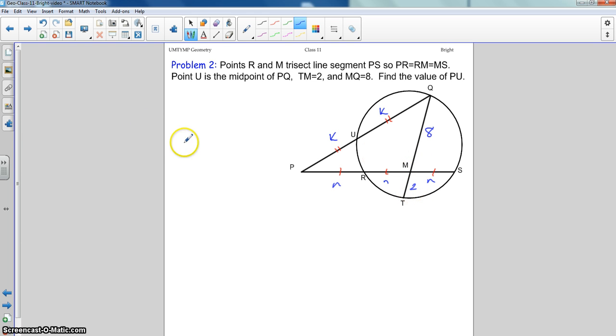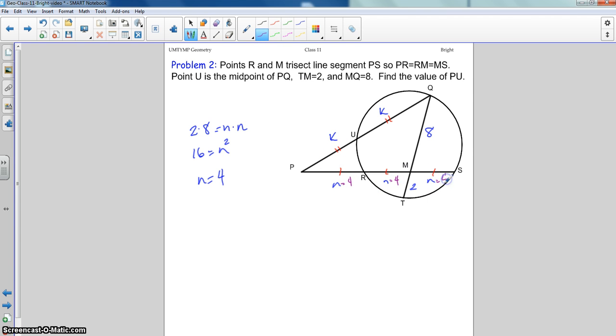So I can say that 2 times 8, the length of one chord split at this point of intersection, should equal N times N. So 16 is equal to N squared, and therefore N is equal to only positive 4. Negative 4, we can't have a negative distance. So N is equal to 4. Okay, so that's helpful.